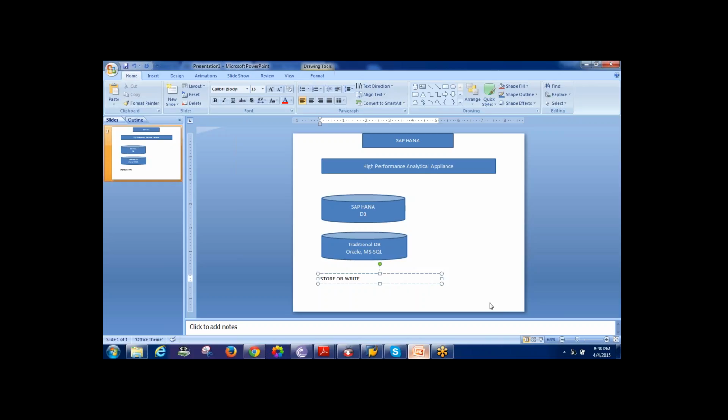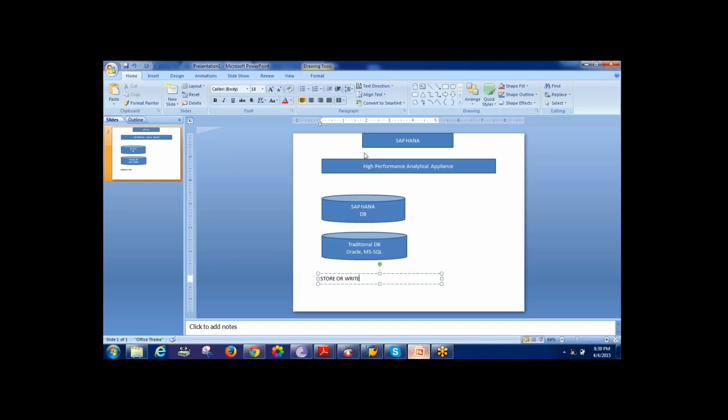Whenever a transaction happens, it has to be efficiently and quickly stored into the system. So the focus is always on the write functionality when it comes to traditional databases.